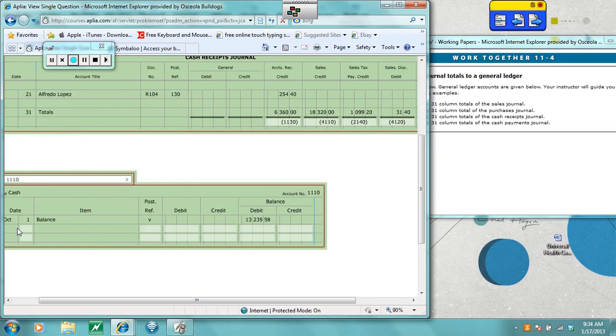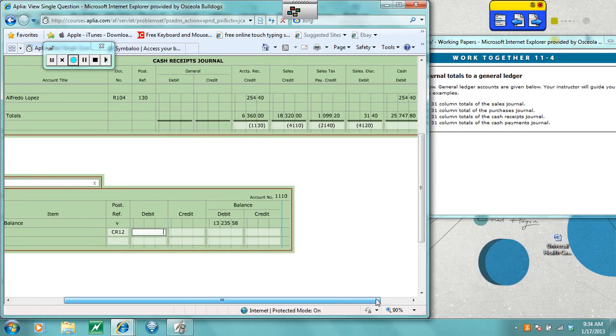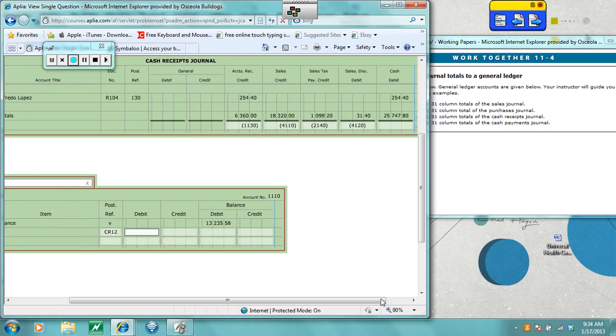So on the 31st, sorry about that. Hopefully you caught it and you're not having to go back and redo it like I am. And it's a debit of $25,747.80.